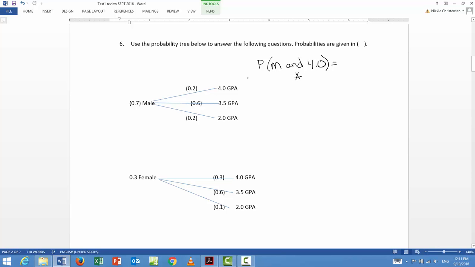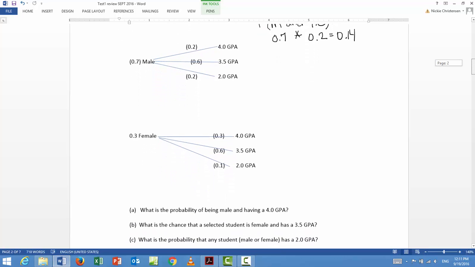The probability of male is 0.7, and means times, and the probability of a 4-point, given that he's a male, we just follow the branch, 0.2. That gives us a probability of approximately 14%. So that's just an example of how to deal with this. So let's go on now and do the actual questions.